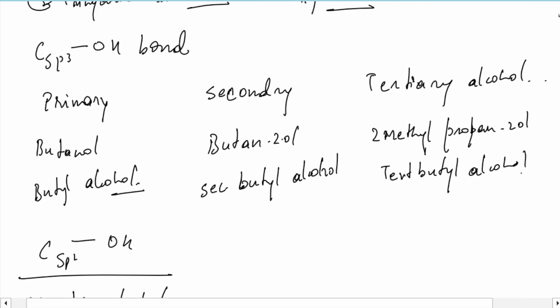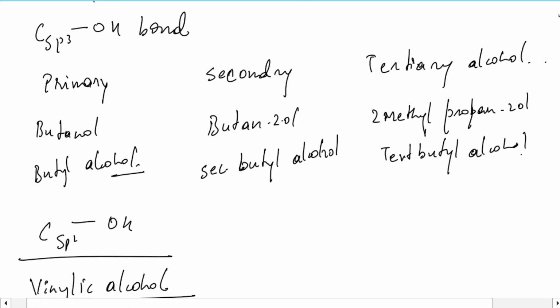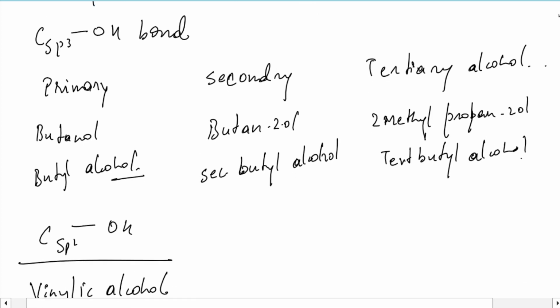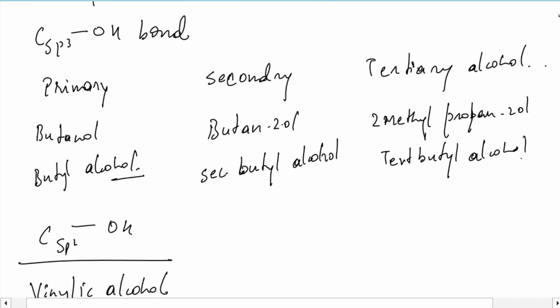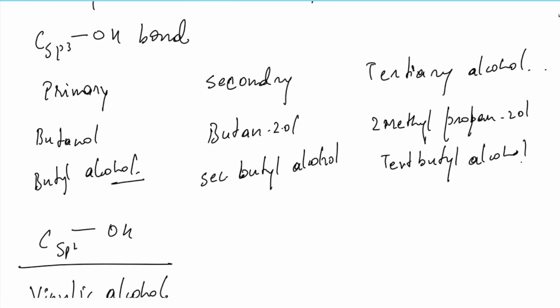Next classification is whether the carbon is sp3 hybridized or sp2 hybridized. If it's sp3 hybridized, then the carbon can be primary, secondary or tertiary. The example we have taken is isomers of butanol. Butanol, butan-2-ol, 2-methylpropan-2-ol. So butanol is butyl alcohol, and butan-2-ol's common name is secondary butyl alcohol.